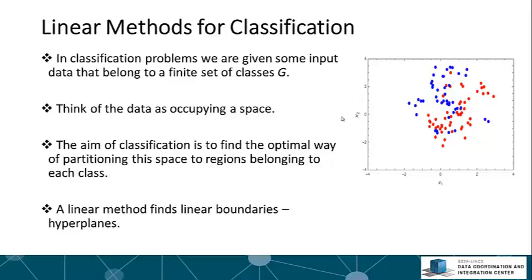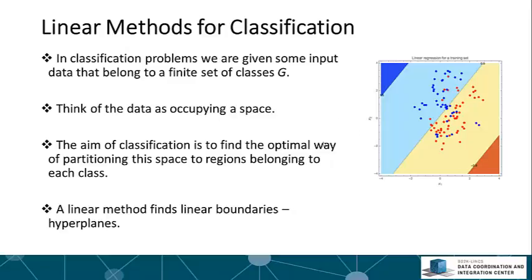A linear method for classification draws linear boundaries. So that looks like this. What we've done with a linear classification is we find the linear division, which is a straight line in this two-dimensional space, such that all points of the space on one side of the line are predicted to be from one class, and all points on the other side of the line are predicted to be in the other class.